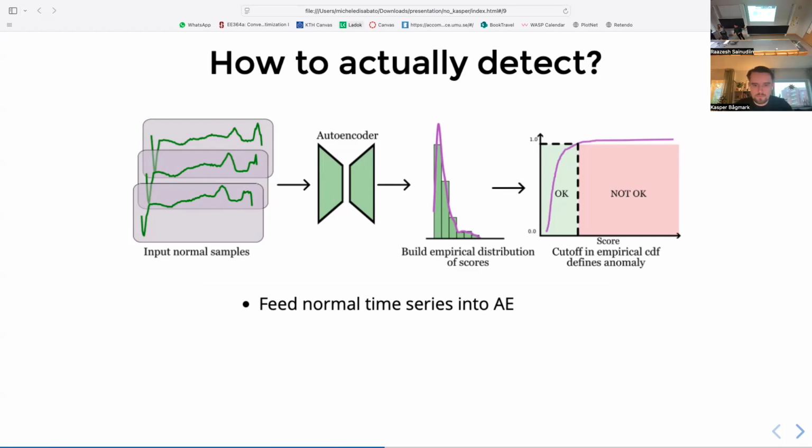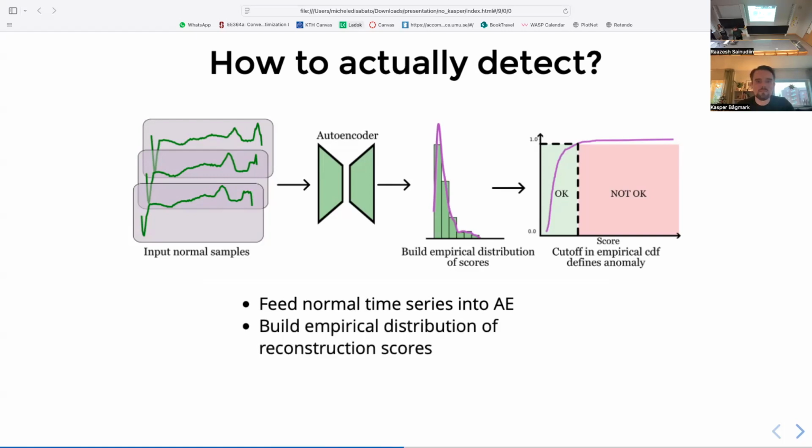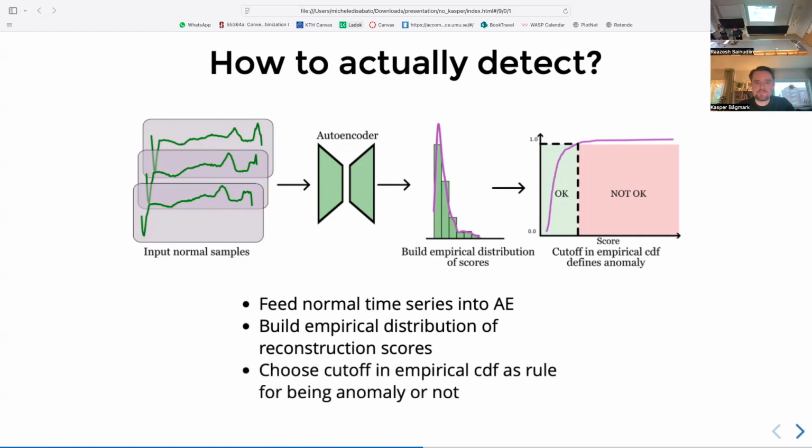And then approximate the distribution of these reconstruction losses using the CDF. And this is how we actually use this to detect anomalies. So we feed normal time series into the autoencoder, and we estimate the distribution of the reconstruction losses on the training data. And then after we have computed the ECDF, we can choose a suitable cutoff of this ECDF to detect anomalies.